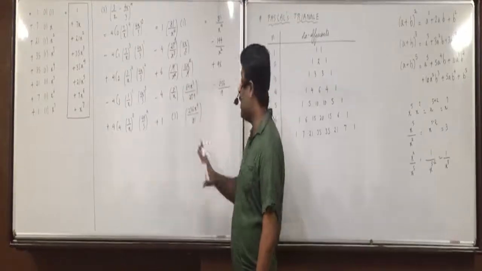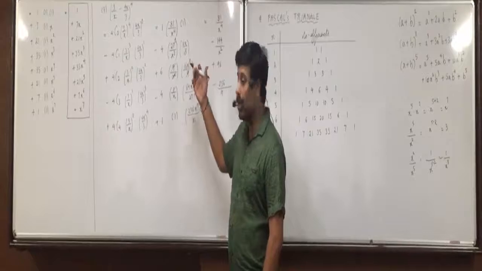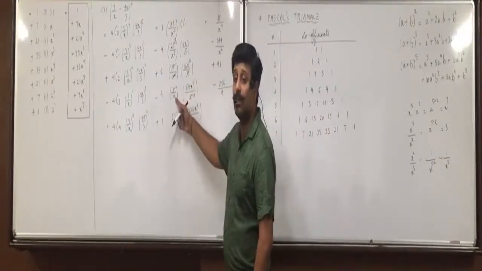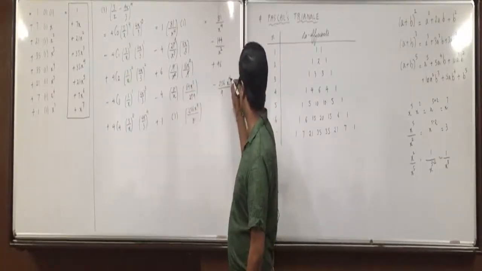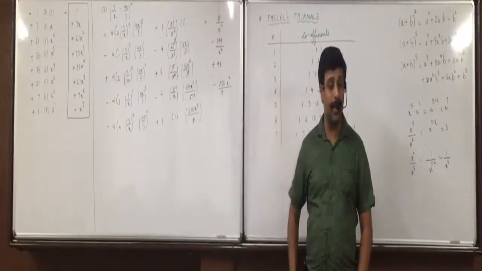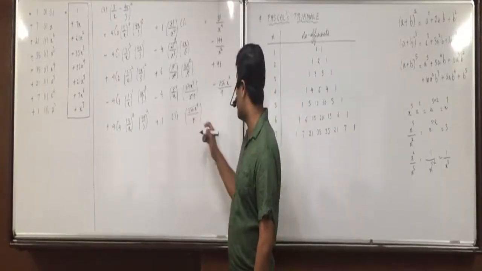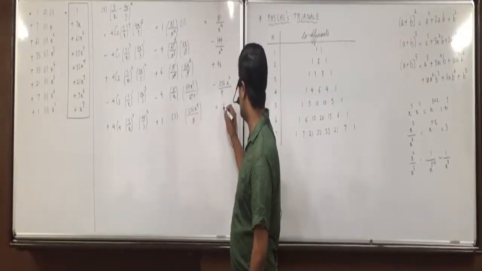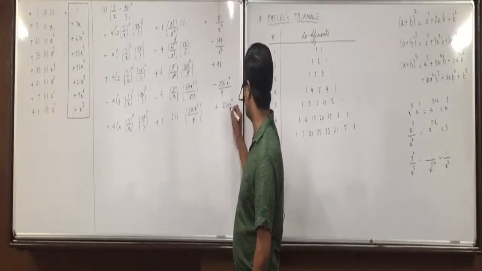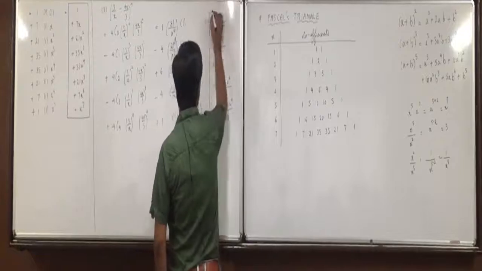Now, in division, the power gets subtracted, but where is the higher value? So numerator 3 minus 1, 2 means x square. Did everyone understand this? And the last one as it is 1 into 1, so simply plus 256 x raised to 4 upon 81. This is the final answer.